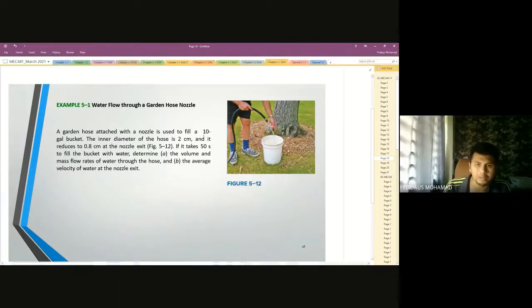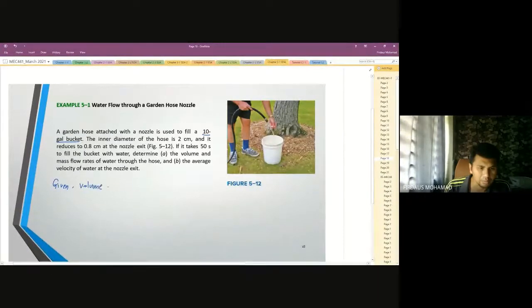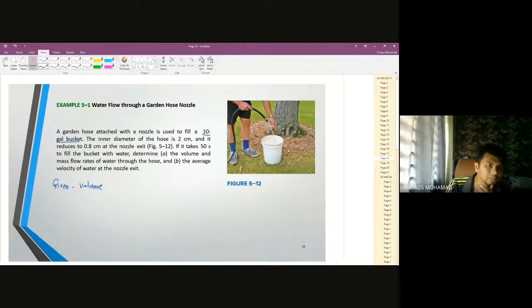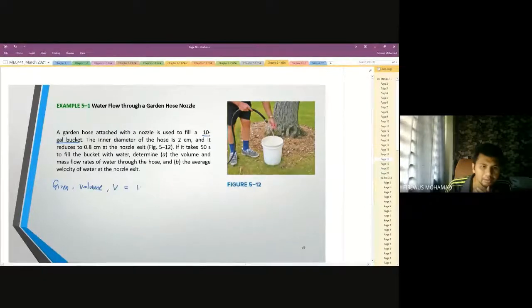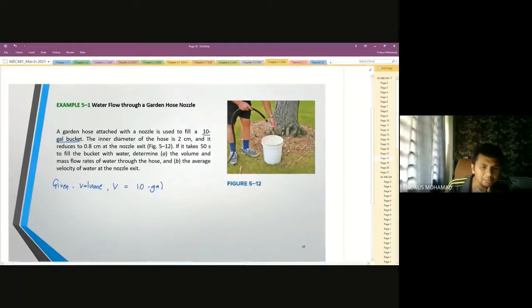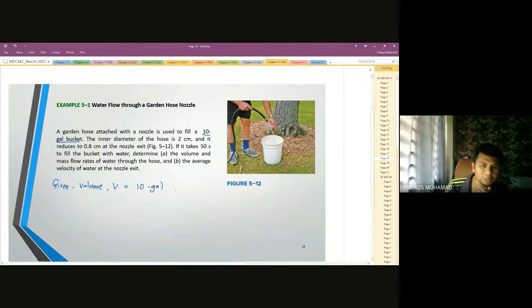So there is the volume, V, and gallon. Is gallon an SI unit? No. How do we convert 10 gallons to cubic meters?